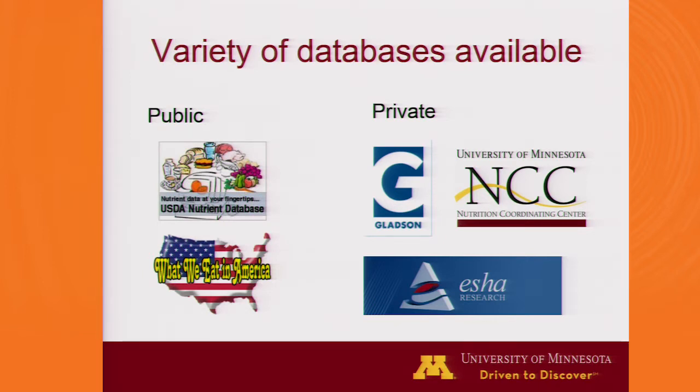The unfortunate thing is that if they do introduce a new food product and the package size doesn't change, then they don't necessarily update the nutrition information. So some of the information in that database we found to not be as up to date as we would want. It's also very expensive.